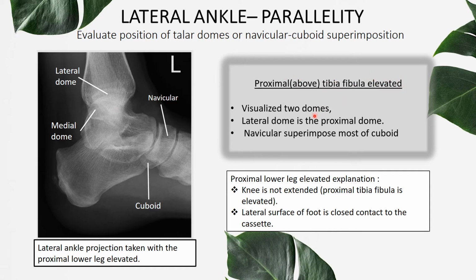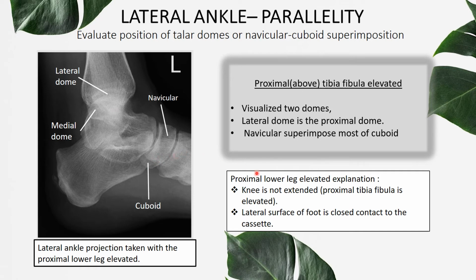In this radiograph, which has the proximal tibia and fibula elevated, two domes are visualized, lateral and medial. The lateral dome is the proximal dome, and the navicular, here, superimposes most of the cuboid. This is the cuboid, and as you can see, the cuboid is very small here.